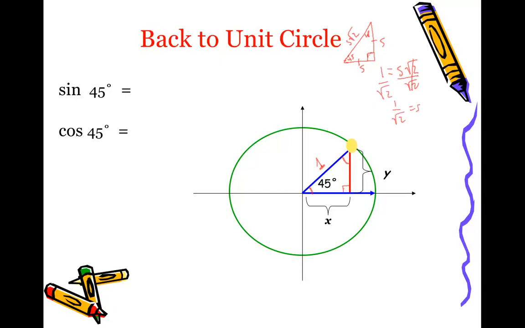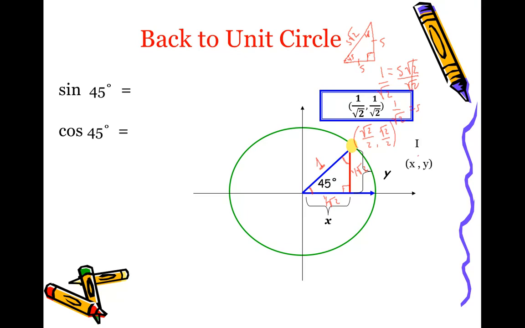So this side is 1 over root 2, and this side is 1 over root 2. So I'm going to go over 1 over root 2 and up 1 over root 2. So there's my coordinate point, 1 over root 2, 1 over root 2. You may also have this written as root 2 over 2, root 2 over 2 if you're rationalizing.